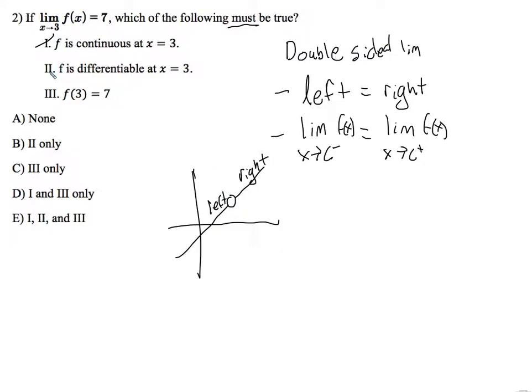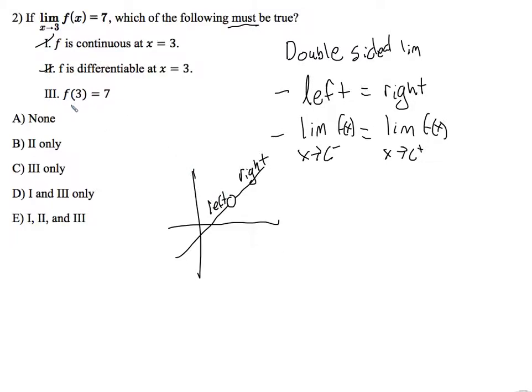So not 1. Let's look at number 2. F is differentiable at x equals 3. What do you guys think? Thumbs up, thumbs down. Everyone vote. I see 2 thumbs down, 3 thumbs down, all 4 thumbs down. Okay. And you guys are correct, because if it's not continuous, it's obviously not differentiable. Part of the definition of differentiable is that it's continuous. So not differentiable, I agree.